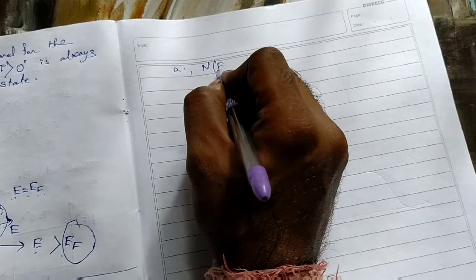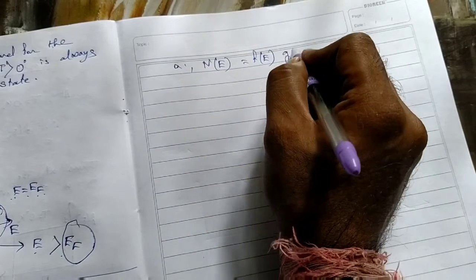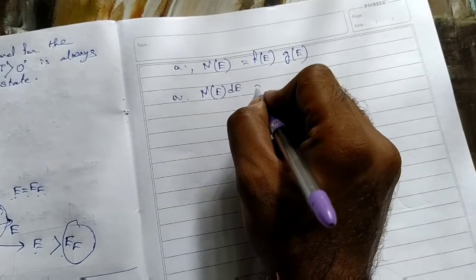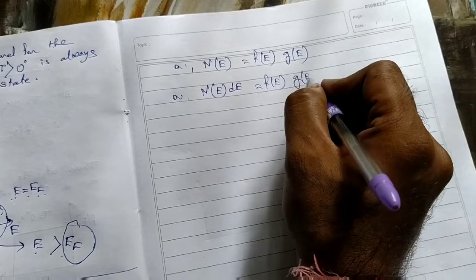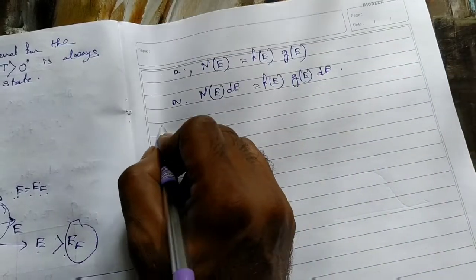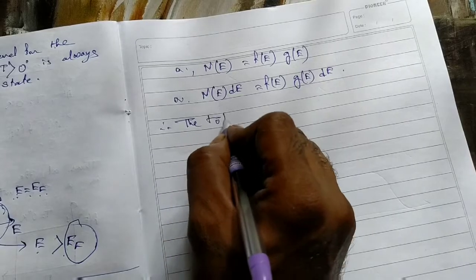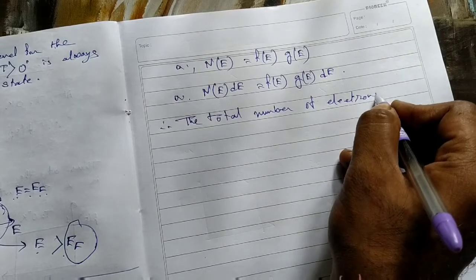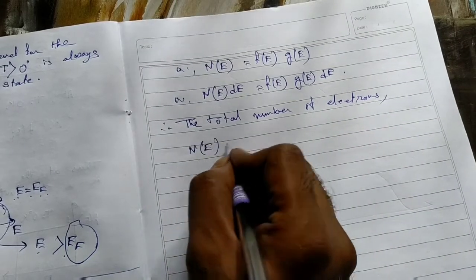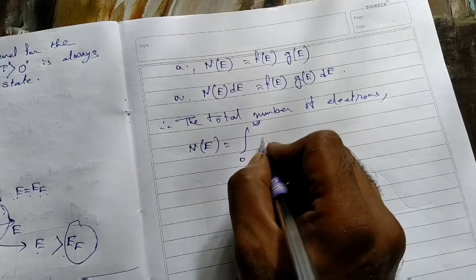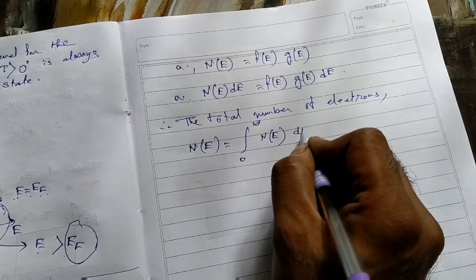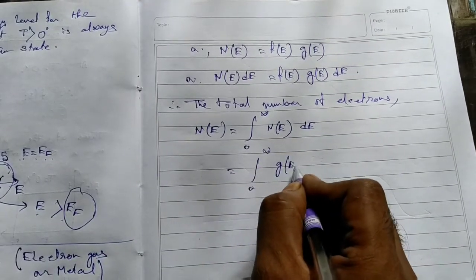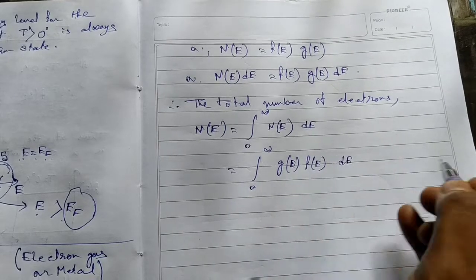We rewrite here N(E) equals F(E) G(E), multiplying both sides with dE: N(E) dE equals F(E) G(E) dE. Then the total number of electrons N, with the energy level from 0 to infinity, is the integral from 0 to infinity of G(E) F(E) dE.